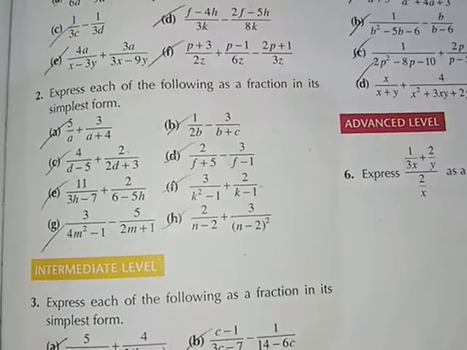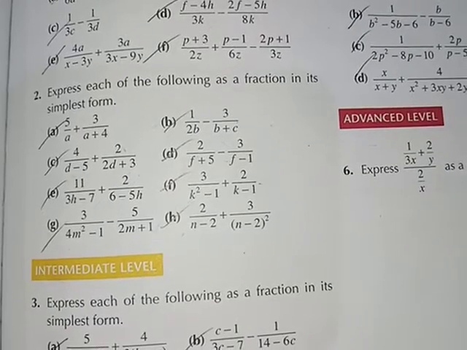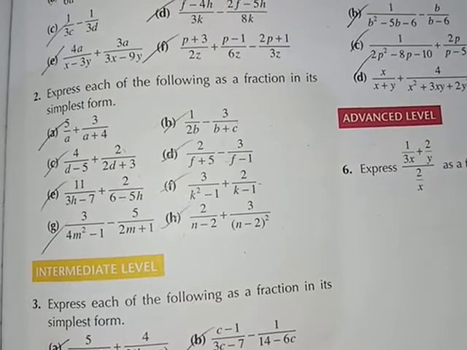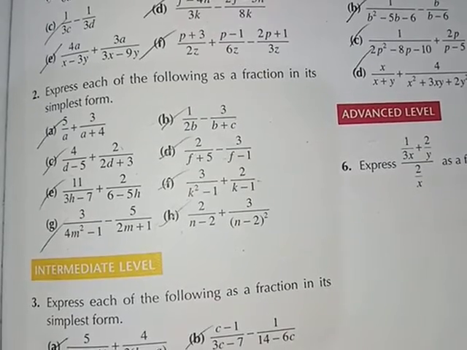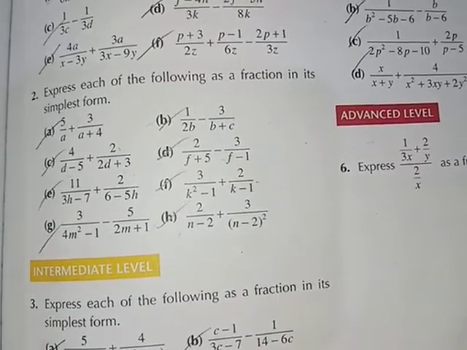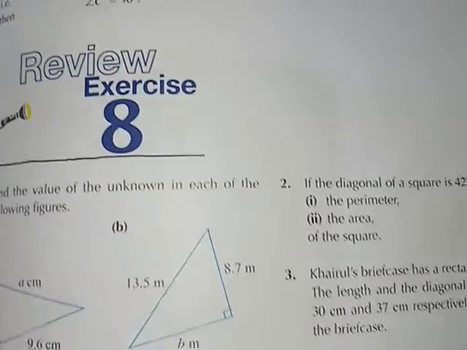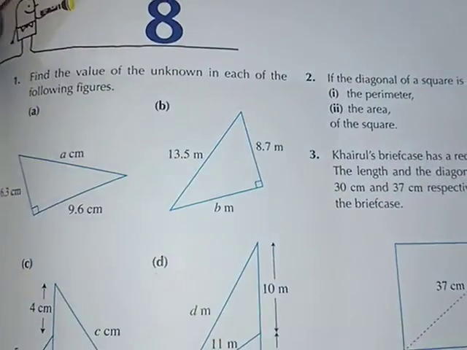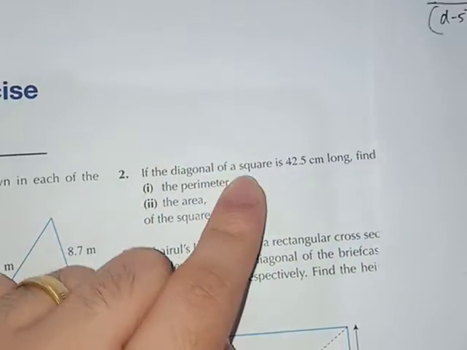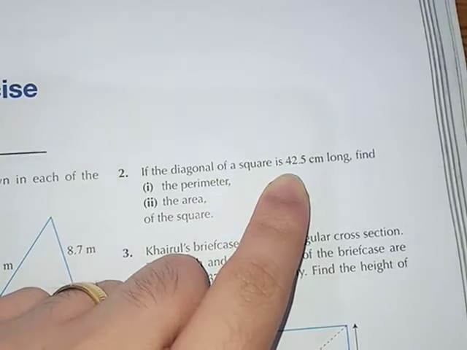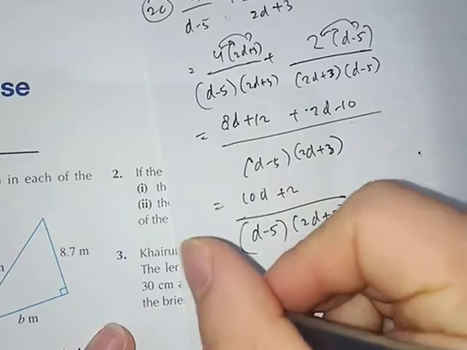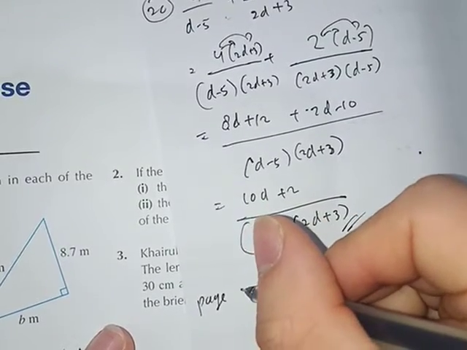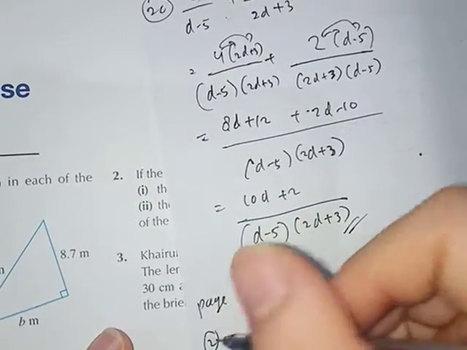Next we have page 428, number 2. Number 2. If the diagonal of a square is 42.5 centimeters long, find the perimeter and area.